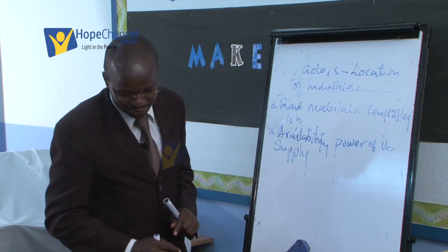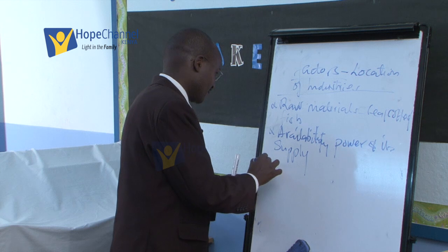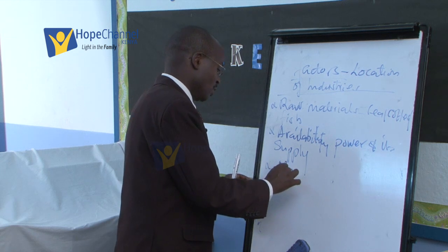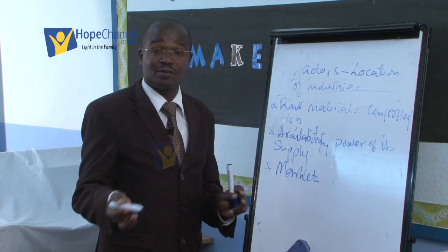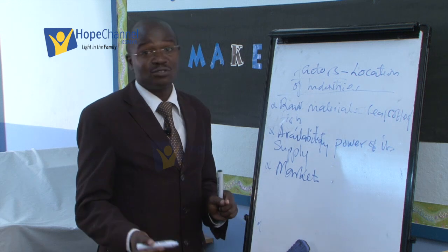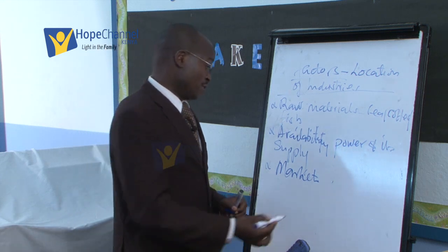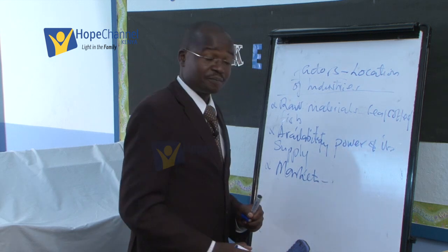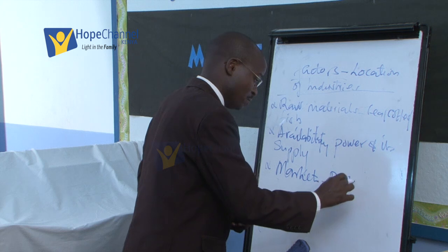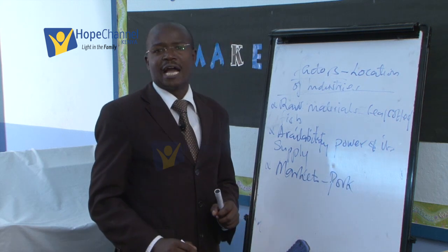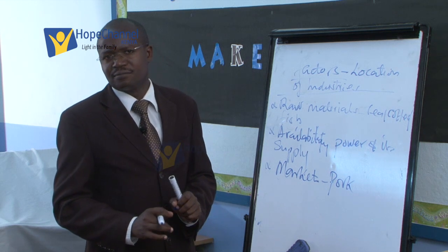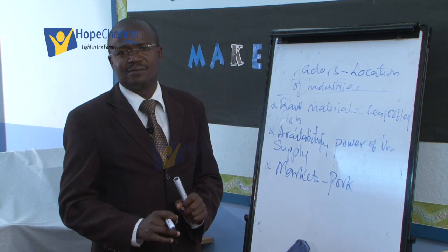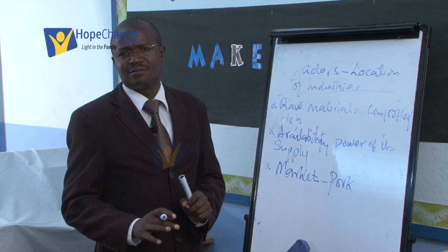The next point that you are going to look at is the market. That's point number 3, the market. Whatever you are going to produce, where are you going to sell it? Take an example. If you start a pork industry, nyama ya nguruwe, and you have placed it in a town which is dominated by Muslims, be sure you will never get a market, because Muslims don't take pork.